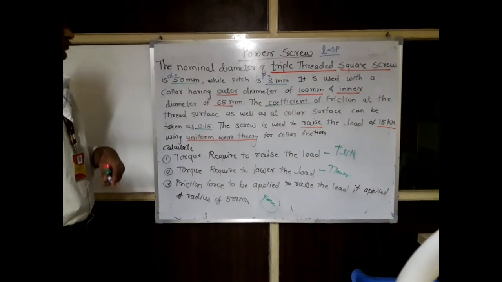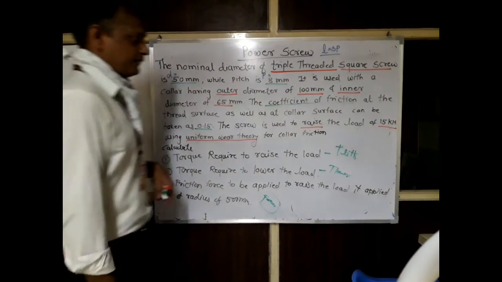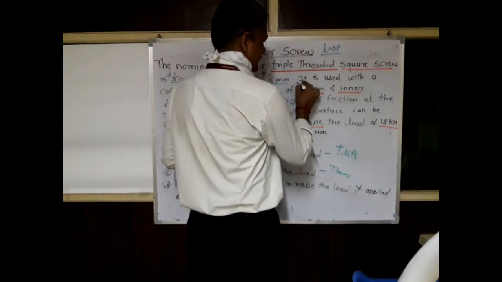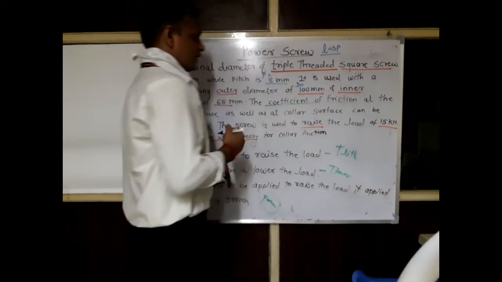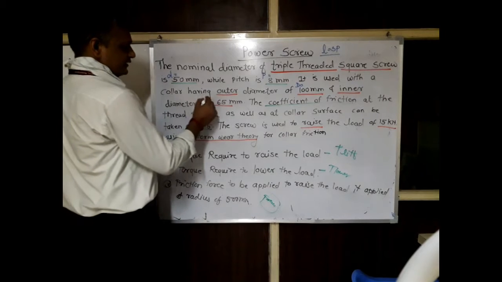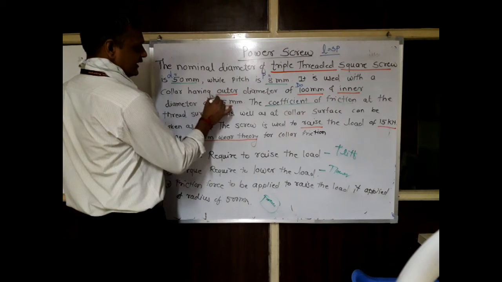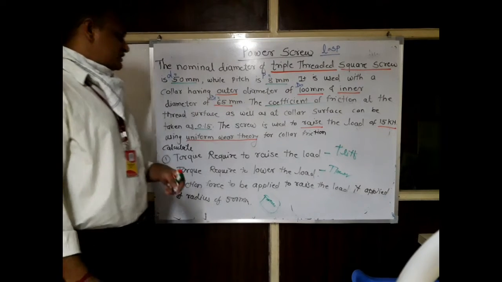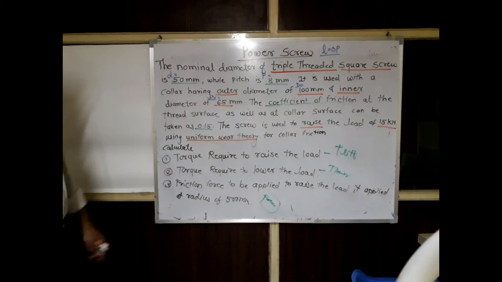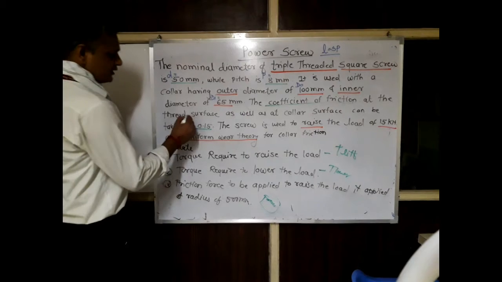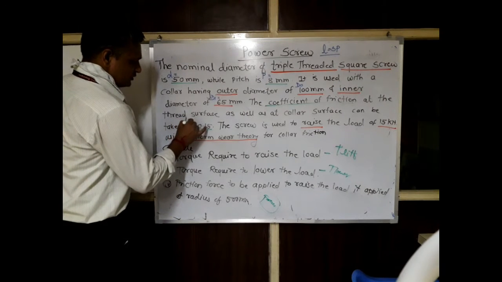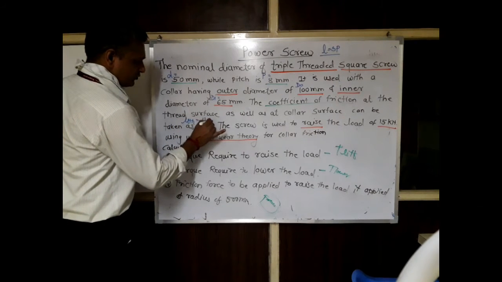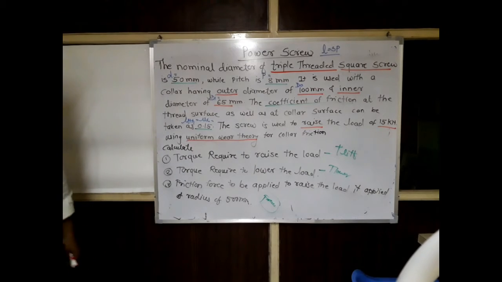It is used with the collar having outer diameter D naught equal to 100 and inner diameter Di equal to 65. The coefficient of friction at thread surface as well as at the collar surface is 0.15, that means mu of thread and mu of collar is equal to 0.15.